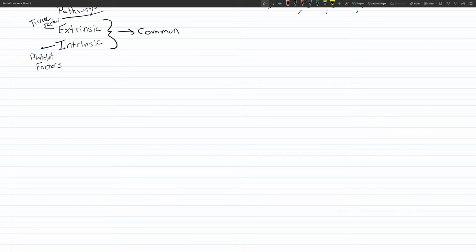What we need to know is that there is an extrinsic pathway over here, and that is dictated by, we're just going to say, factor 7. Then we have the intrinsic pathway. Remember, this is platelet factors. Let me spell platelet right.